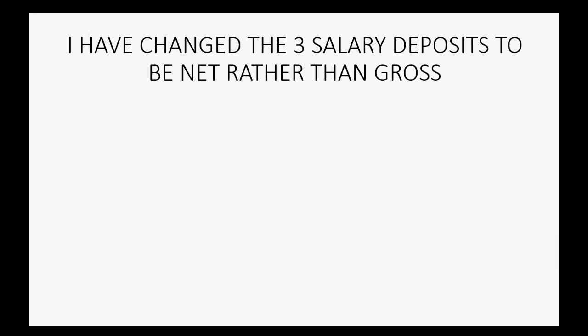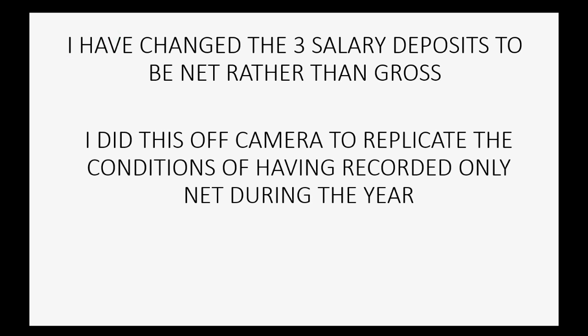So I took the liberty of changing the 3 salary deposits that we recorded together in previous videos, and I changed it to net rather than gross to replicate a situation where the person only recorded their net pay during the year. And I did this off camera to replicate the conditions that we need to be able to see what it would look like.